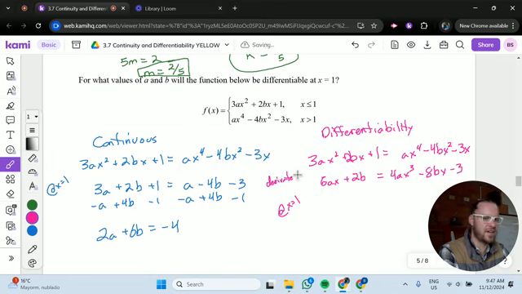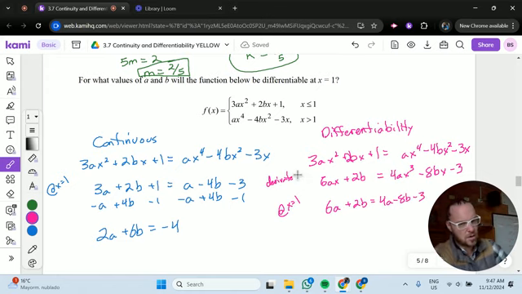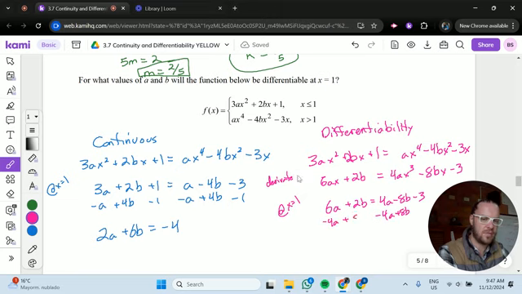So again, all of my x's really just go away if I'm plugging in a 1. So 6a plus 2b is equal to 4a minus 8b minus 3. And again, let's throw all the a's and b's to the left because I think it'll be easier. Minus 4a plus 8b. So we're going to get what? 2a plus 10b equals negative 3.